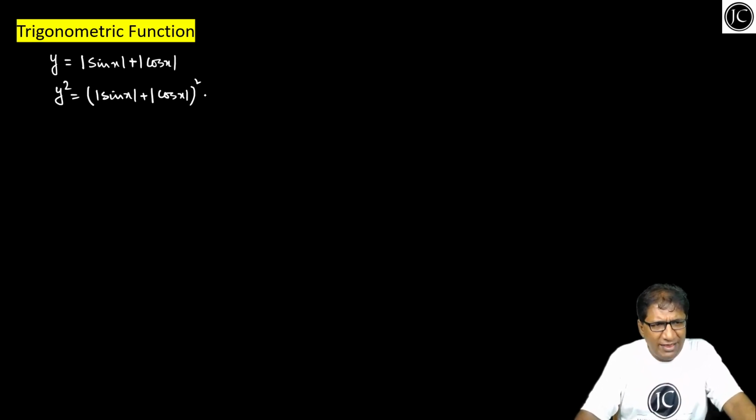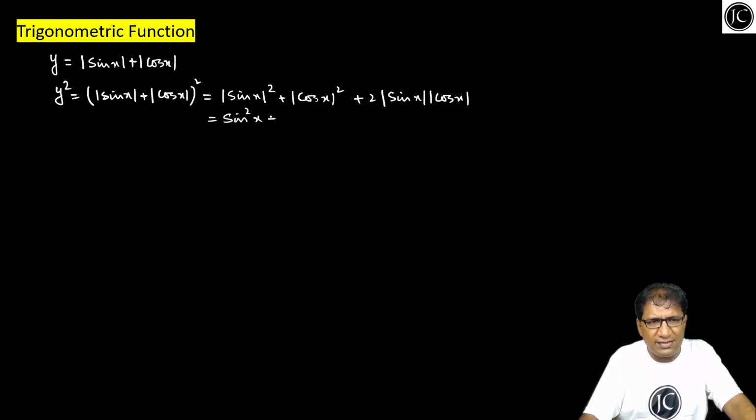Now, if I open this, a plus b whole square, so we are going to have like this. Okay, so modulus of sin x square is same as writing sin square x. cos square x and this is modulus of sin 2x. बच्चों ये कितना हो रहा है 1 plus modulus of sin 2x.